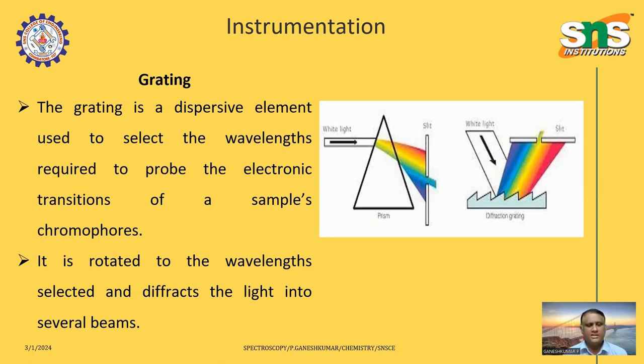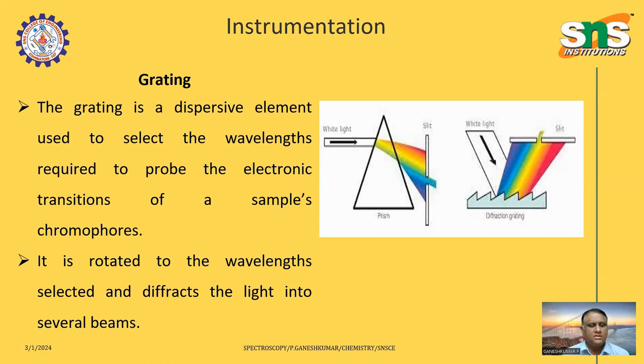So the grating is a dispersive element used to select the wavelength required to probe the electronic transition of samples, chromophores. We are discussing chromophores. Chromophores have conjugation, and the presence of electrons in those regions gives excitations, and it gives the color depth to the compound.